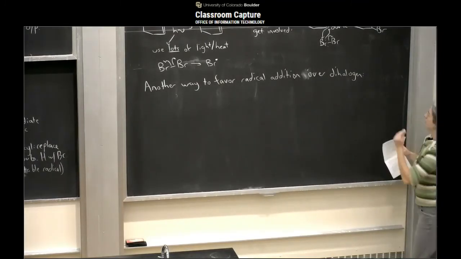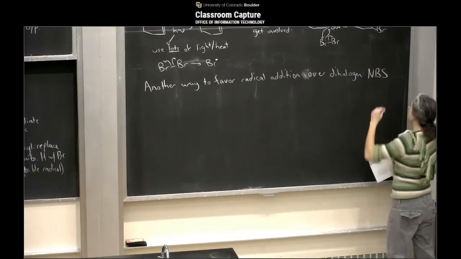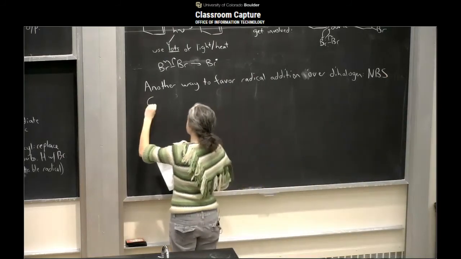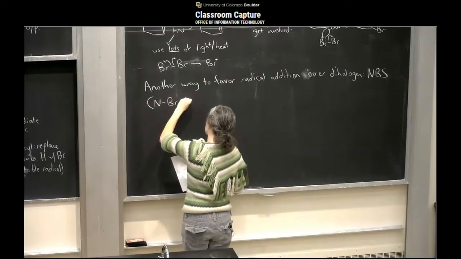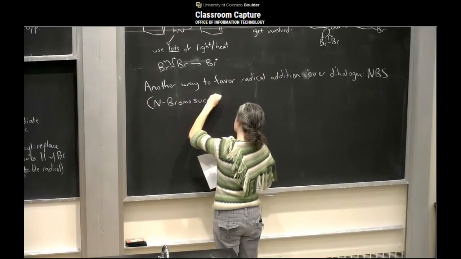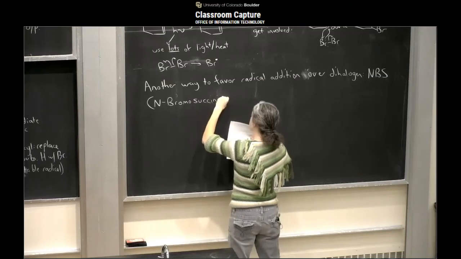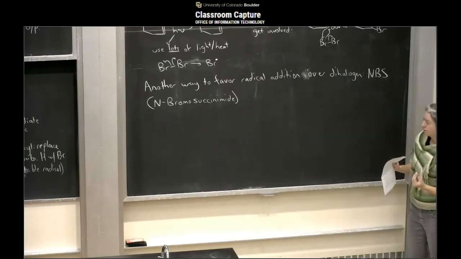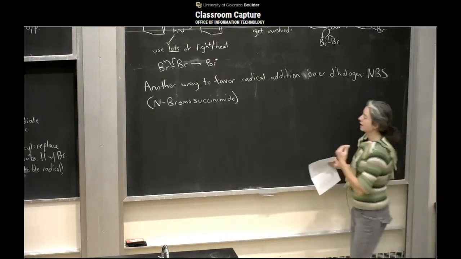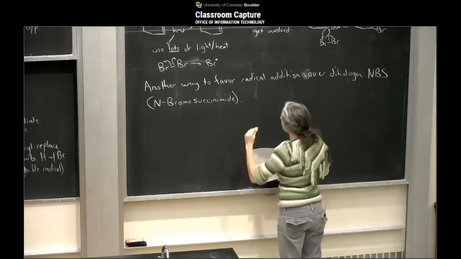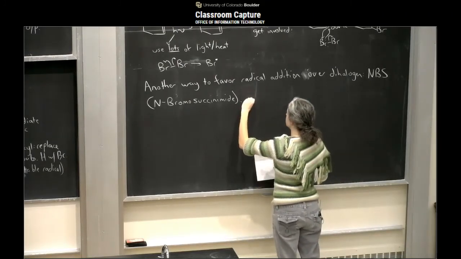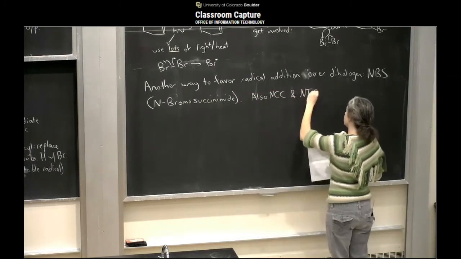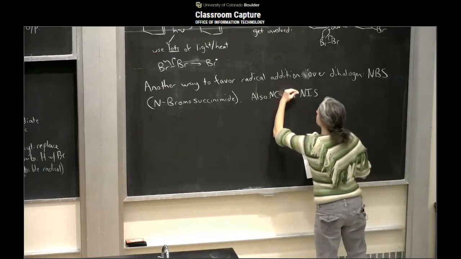So this reagent is called NBS, and that's usually how it's written on the arrow. And that stands for N-bromosuccinimide. There's also the less popular versions of NCS and NIS, for chlorine and iodine.